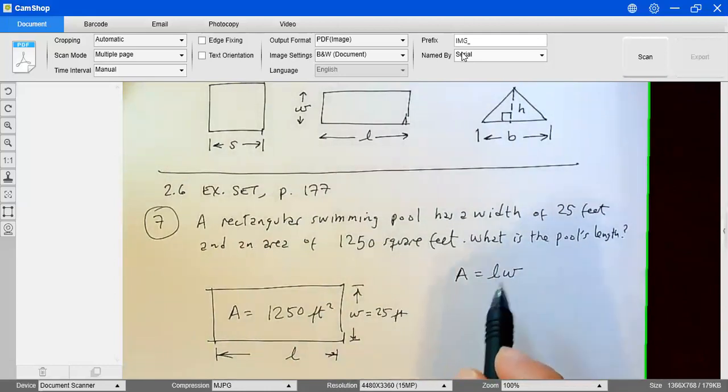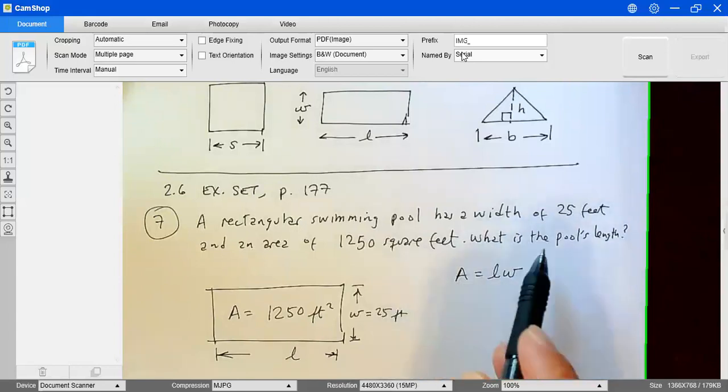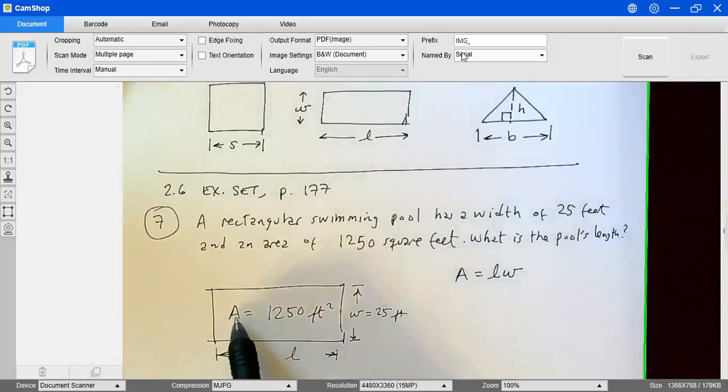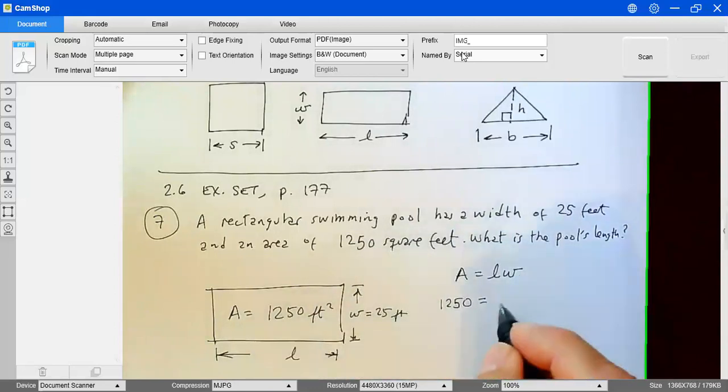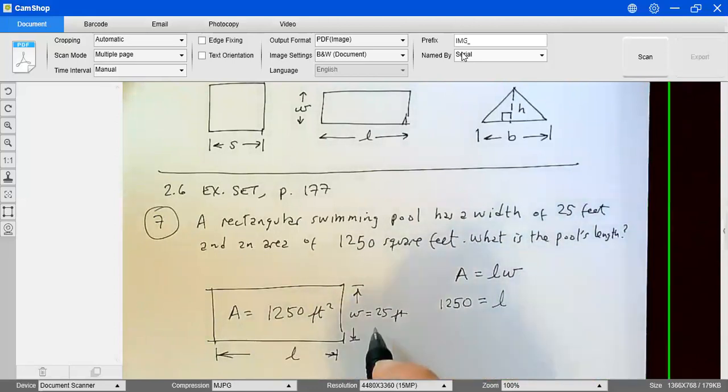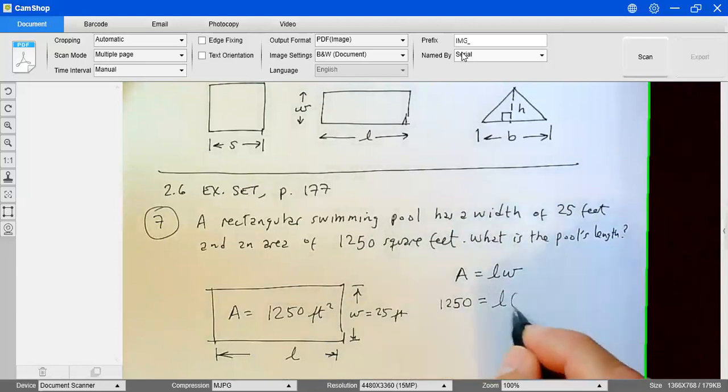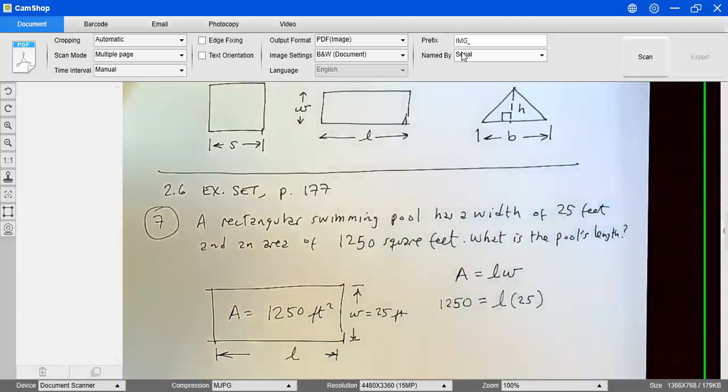You're gonna replace the variables with the values that are given. We're given the area 1250. We are not given L, so we're gonna write L, and then we are given 25. So we multiply L by 25.